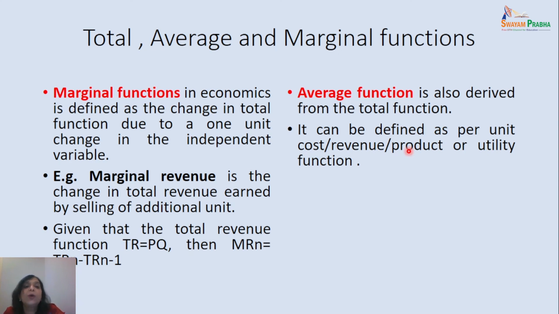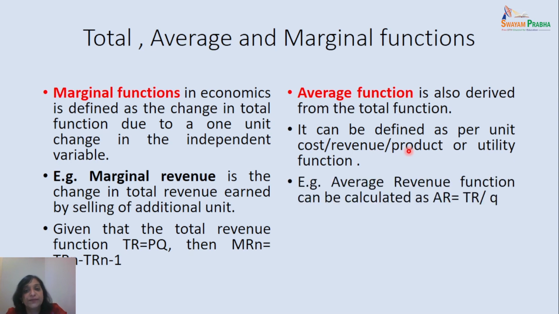That is called your average function. For example, when you want to find average revenue, it is equal to total revenue, which is P into Q, divided by the number of units sold. So on an average, how much am I earning will give us the average revenue. So average function is also derived from the total function, but it tells us on an average or per unit what is happening.